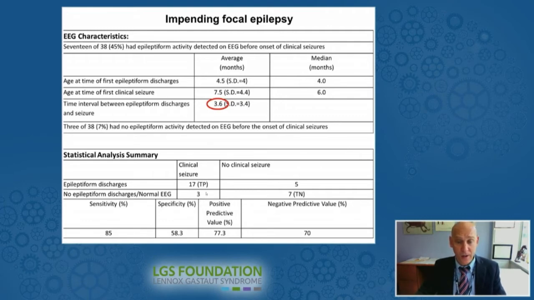And overall, the positive predictive value of an EEG abnormal being followed by clinical seizures within a few months was 77%. And that is more than good enough to work as a very simple, clinically available biomarker of impending epilepsy and TSC. And that is the marker that we're now using to randomize patients in the PREVENT trial to vigabatrin or placebo.